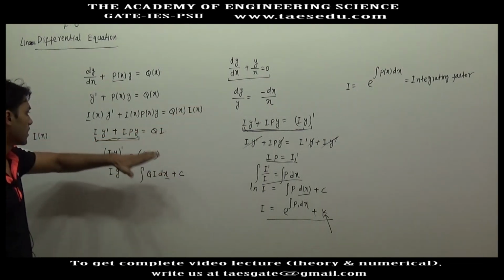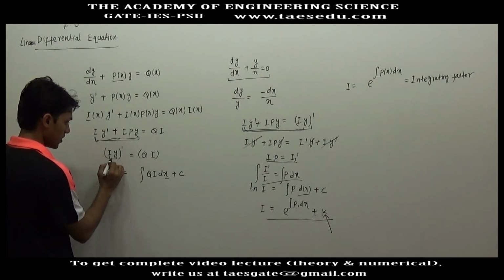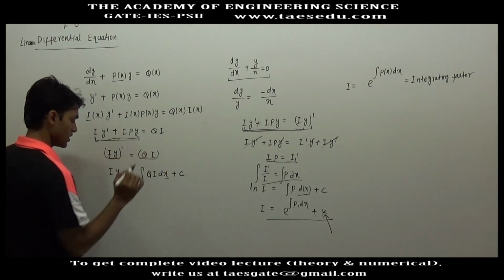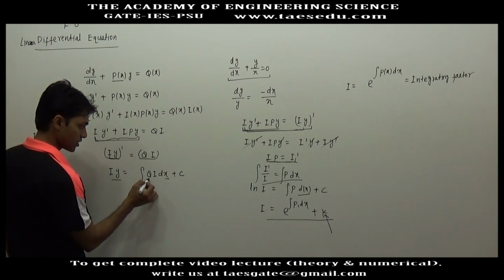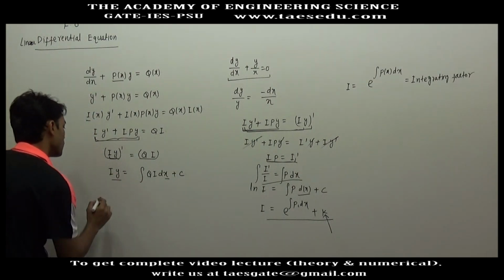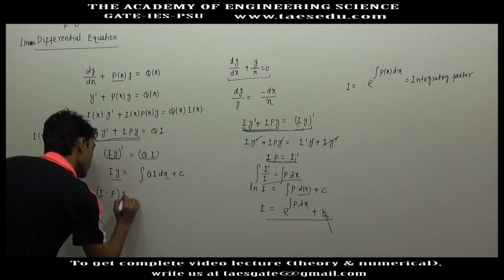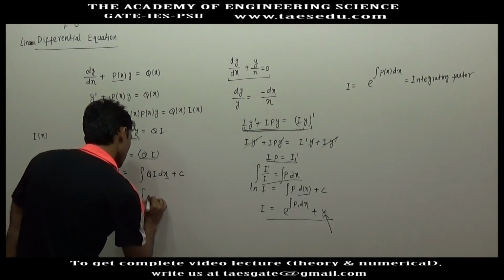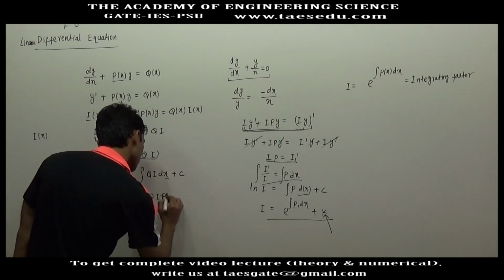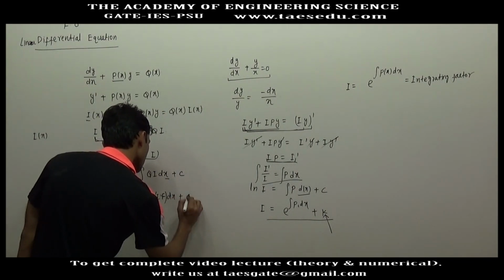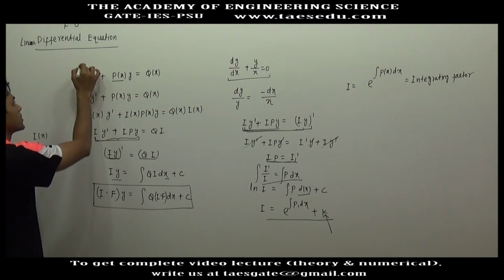So I will be chosen from that formula, and then we will have I into y dash plus I p y equal to q I, and we integrate both sides. Then I into y is equal to integration of q I dx plus c, and I is called the integrating factor. This is the general solution for a first order differential equation.